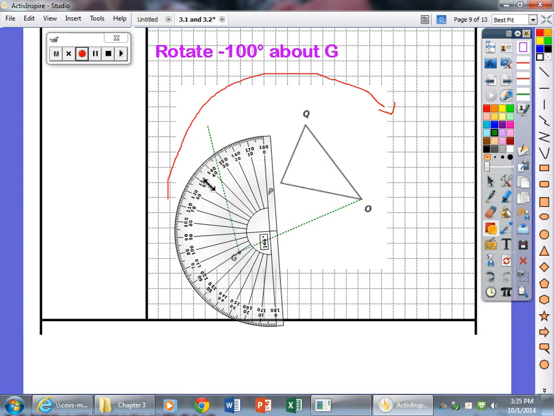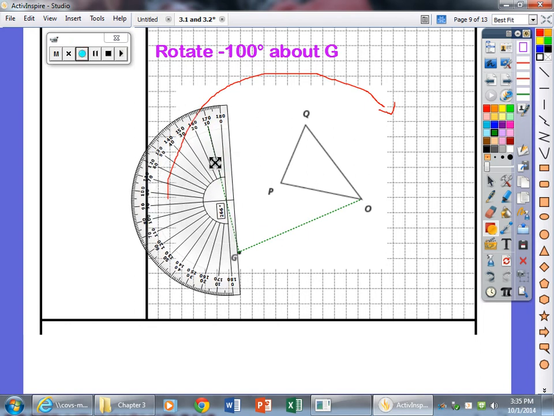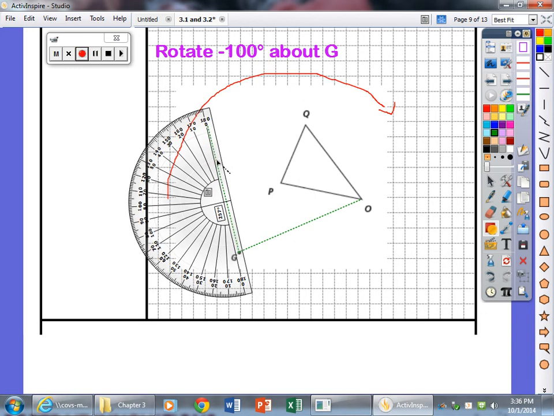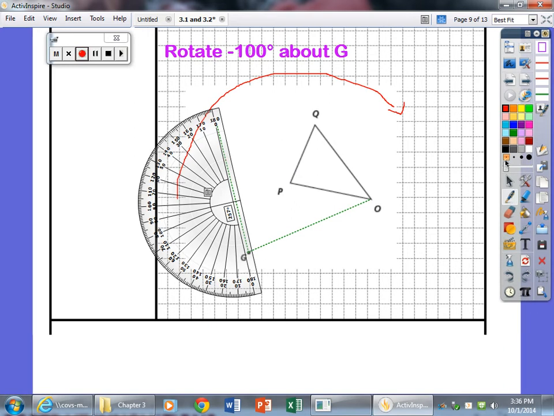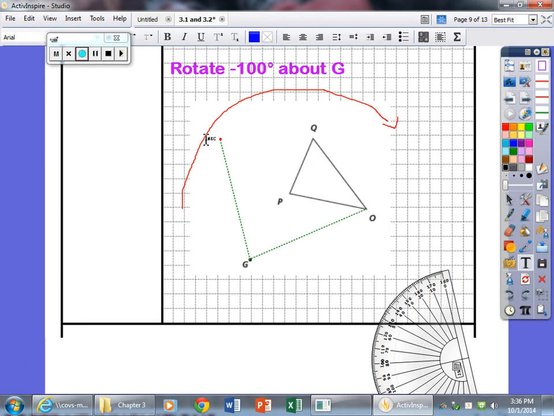I'm now going to turn it up this way, and I actually should be measuring it with a ruler, but I don't have my ruler out. I would say that O prime is probably going to be about there. So there is my O prime. Again, the distance from G to O and the distance from G to O prime should be the same distance. So this is O prime.